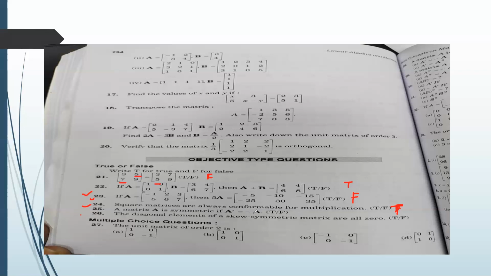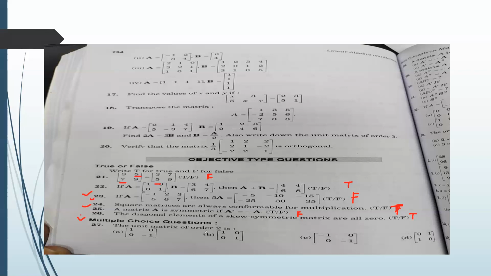No, A transpose equal to A for a symmetric matrix. This is false. Now we go for question number 26. The diagonal elements of a skew symmetric matrix are all 0. Yes, this is true.